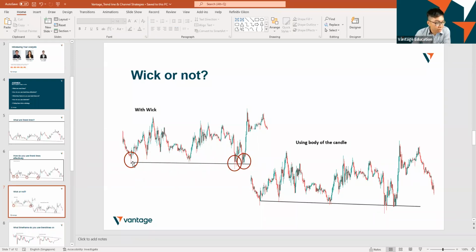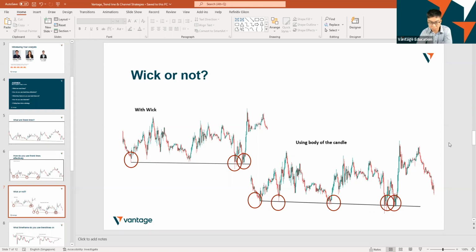This we are drawing by the wick. So when using the body of the candle, we have more touches. We have 1, 2, 3, 4, and 5.